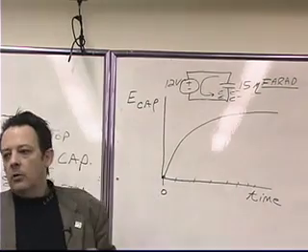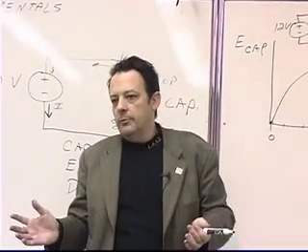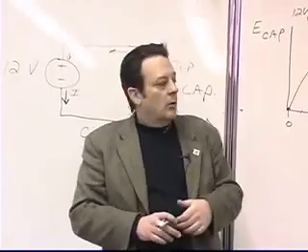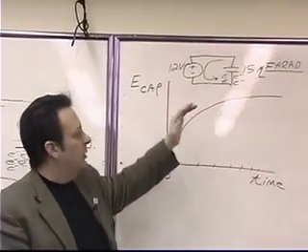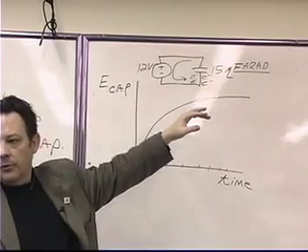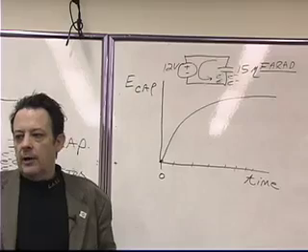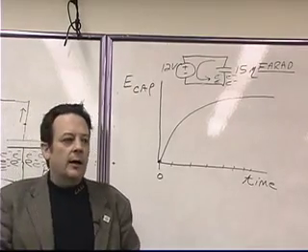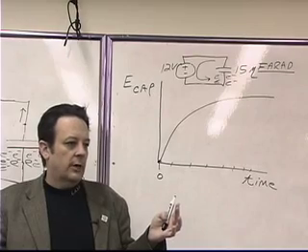Okay? So Kirchhoff's voltage law is analyzed using very simple algebra. When we have a situation like this, where we have an exponential buildup of voltage on the capacitor, we can still use Kirchhoff's voltage law. It just turns out that we end up with this thing called a differential equation. Okay?